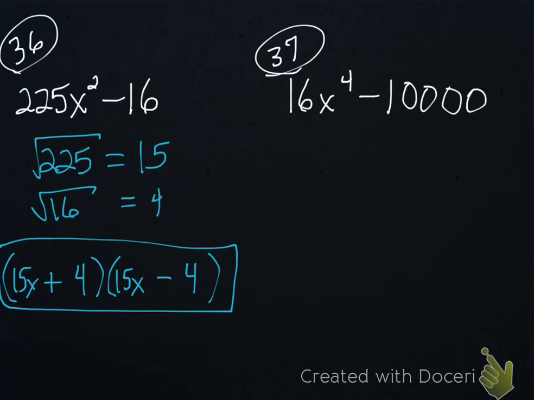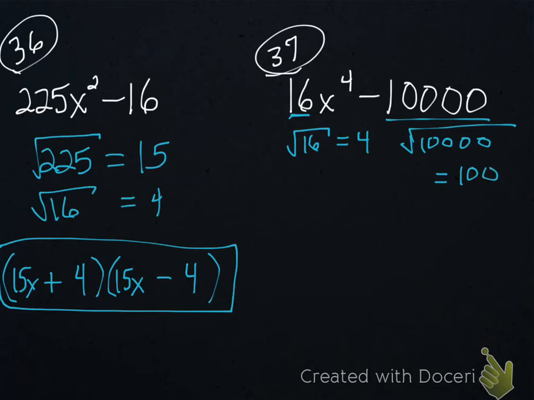In number 37, we actually have perfect squares again. We have a 16 and a 10,000. The square root of 16 is 4, and the square root of 10,000 is 100.